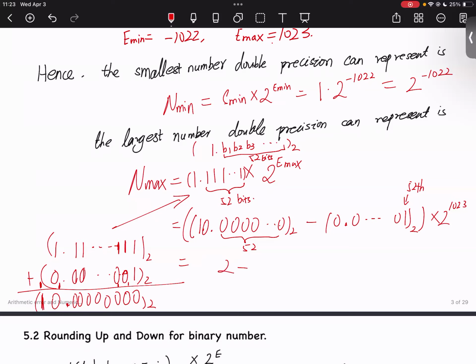To subtract, and what do we have here? Behind the decimal point, 52 places.